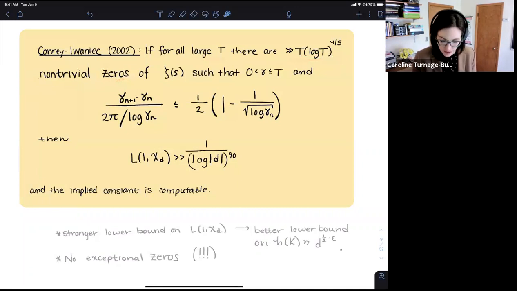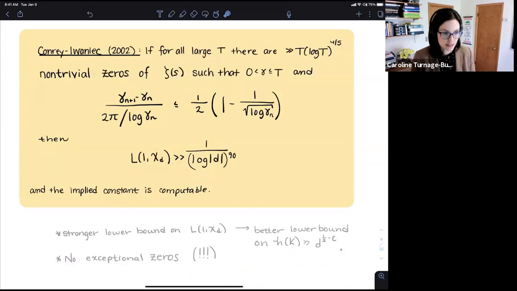So you can just look at this. If there are a whole bunch of zeros of the zeta function such that their difference normalized by the average spacing is a little bit smaller than a half, then the L function has this strong bound at 1, and the implied constant is computable.